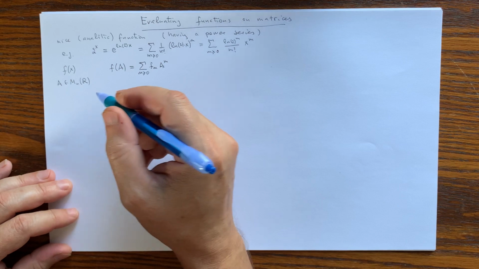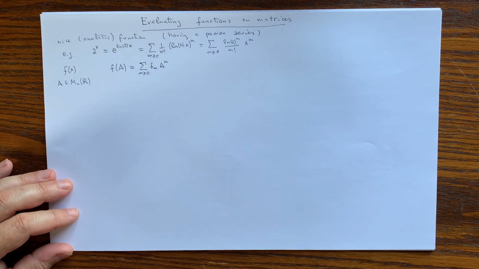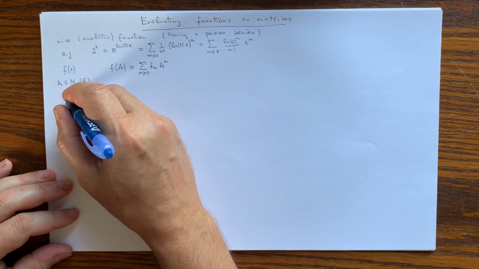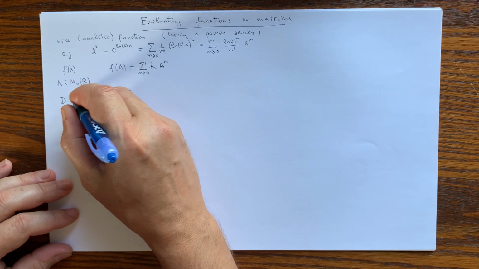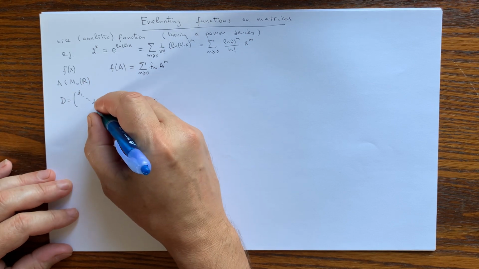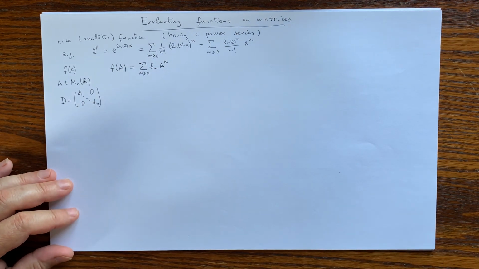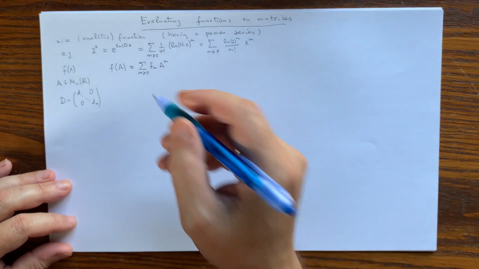Let's first look at what we can do in terms of computing values of functions on diagonal matrices. So let's take D to have non-zero entries on the diagonal. What will be this function on D?